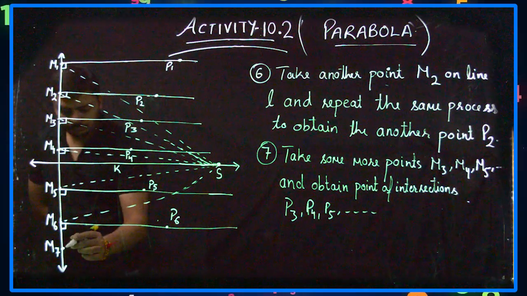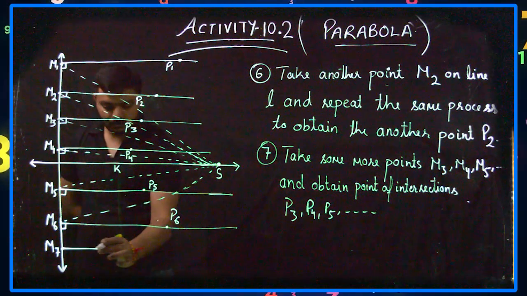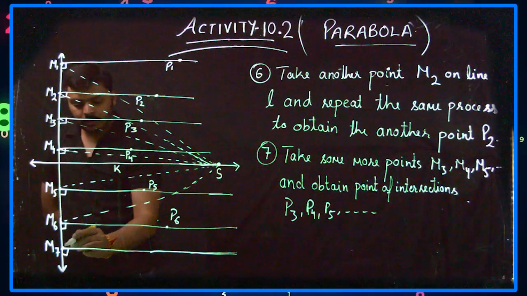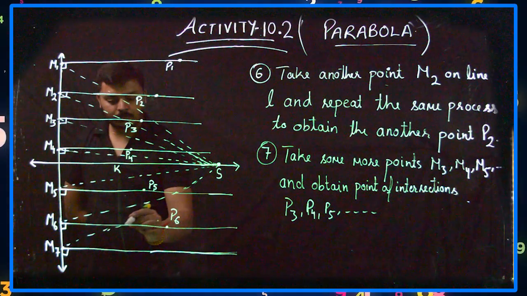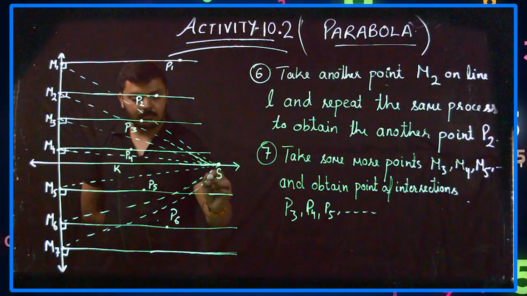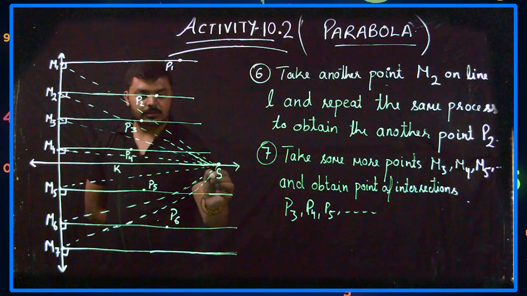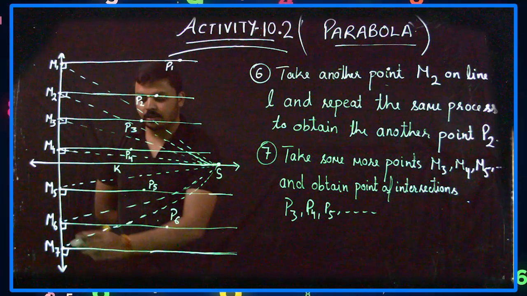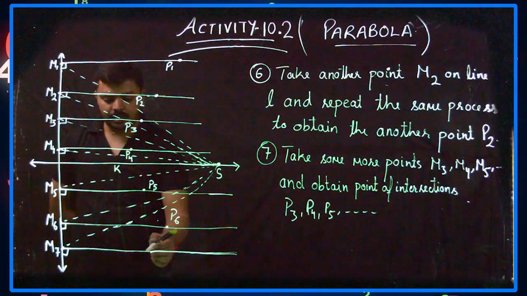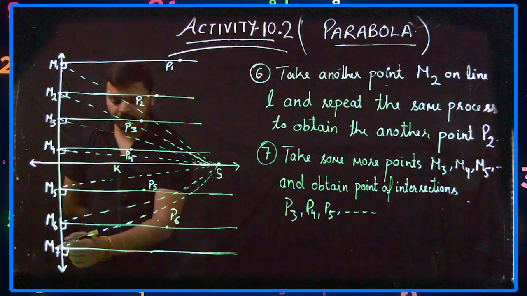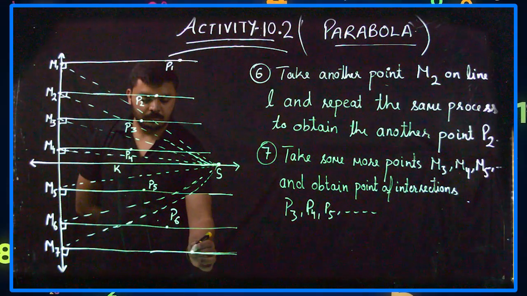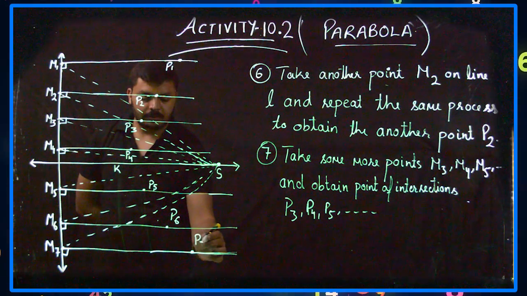Then M7, draw a perpendicular to line L, join M7 to S and draw a perpendicular bisector of M7S, which cuts the perpendicular through M7 at point P7.